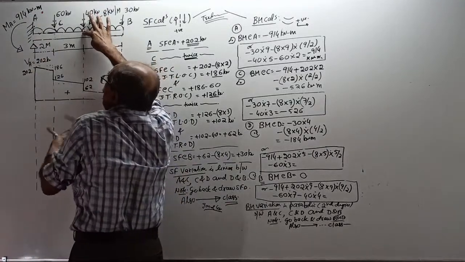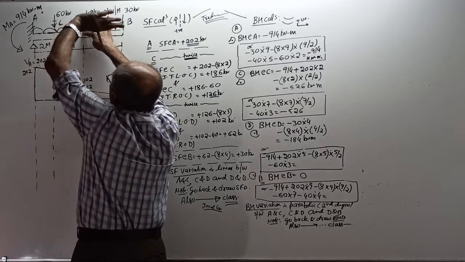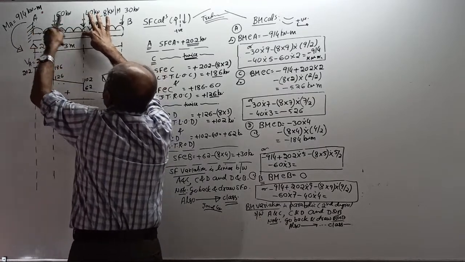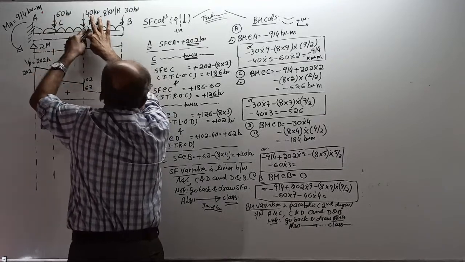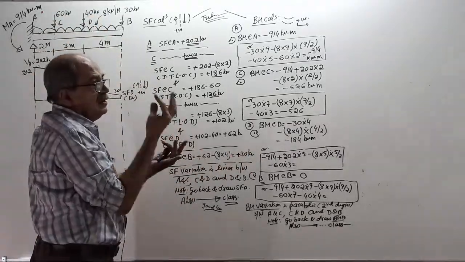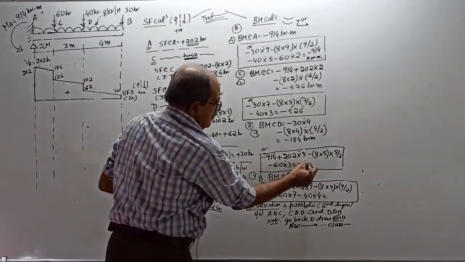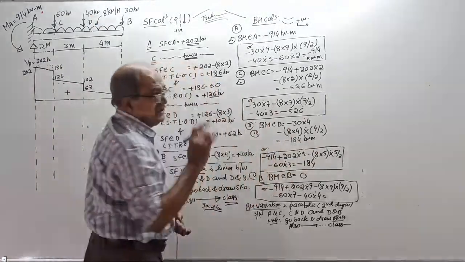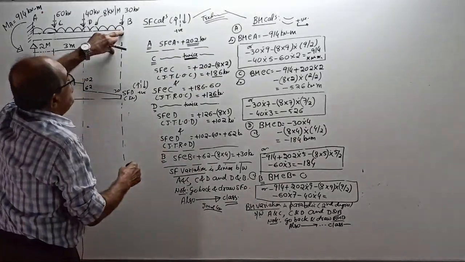Minus 914 plus 202 into 5 minus 8 into 5 into 5 by 2 minus 60 into 3. Minus, oh, same answer, see. Minus 184.